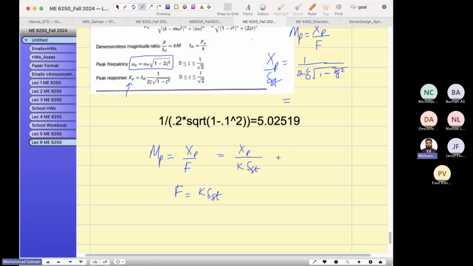So if you do the math here, I believe you should have taken it like this: one minus zeta square, divided by k, it is 0.5.